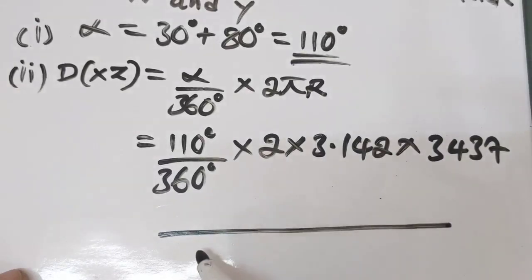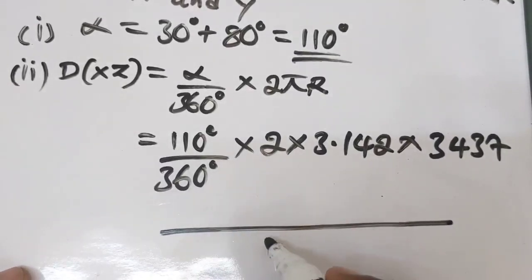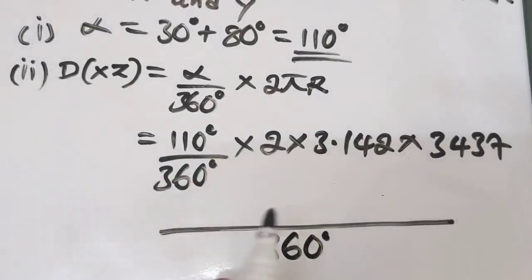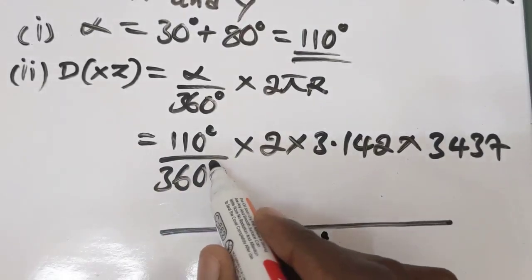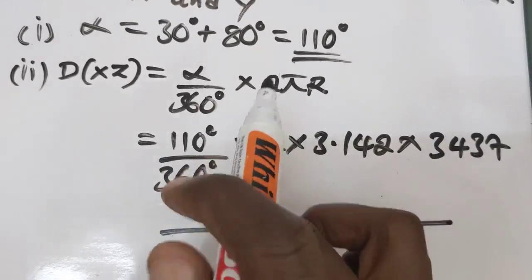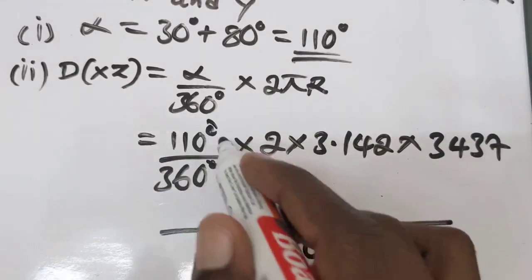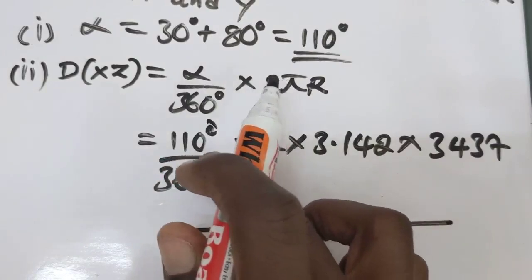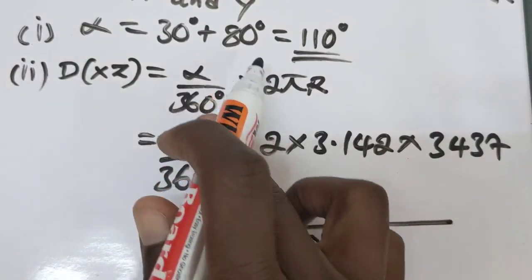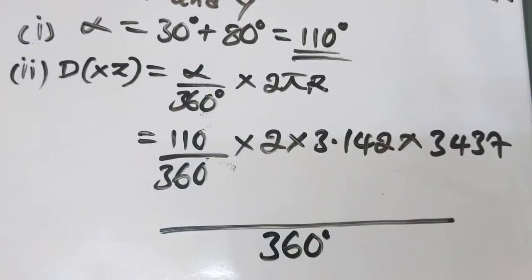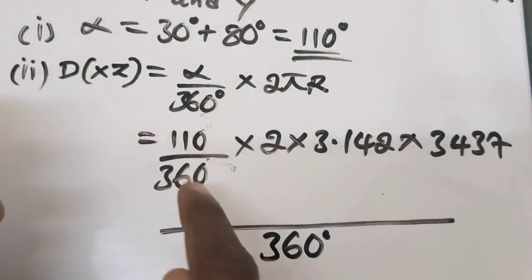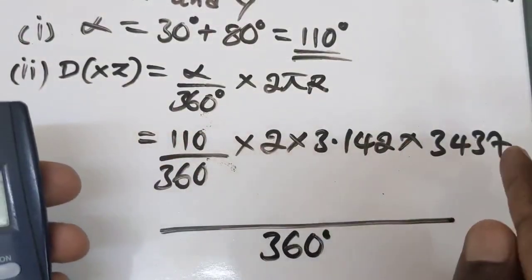We divide by 360 degrees. This degree and that degree, we are going to divide, so this one will cancel, that one will cancel. Then you just get your calculator and multiply 110 by everything.